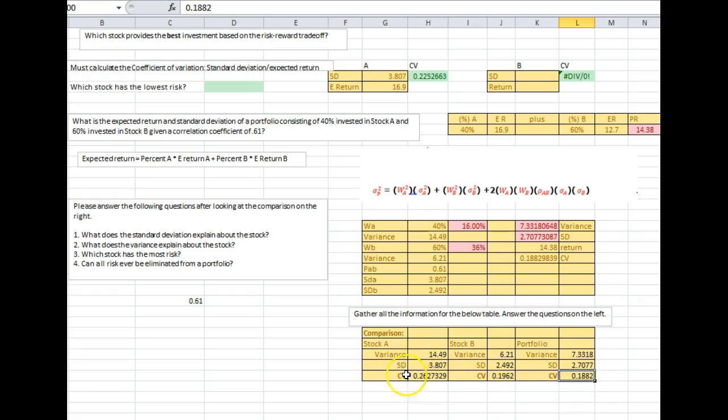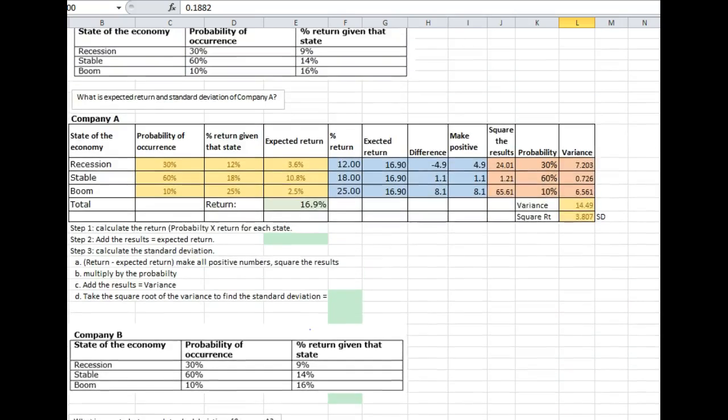That's what a portfolio will do for you. You can take two stocks that are not perfectly correlated, where when one goes up, the other goes down, so they hedge against each other on the market, and come up with a safer investment than if you were to take either one of these individually by themselves. That is what all of these calculations help you do.